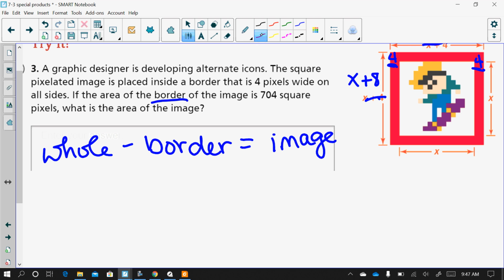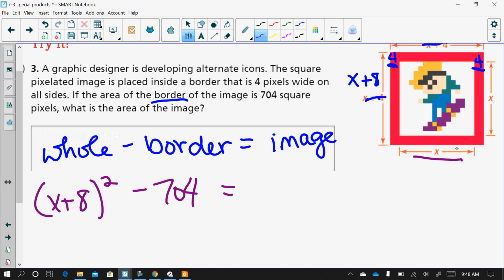The whole we do x plus 8 squared, because that's how you find area, length times width, minus we know the border, 704, equals the area of the image. The image is x times x, so x squared.